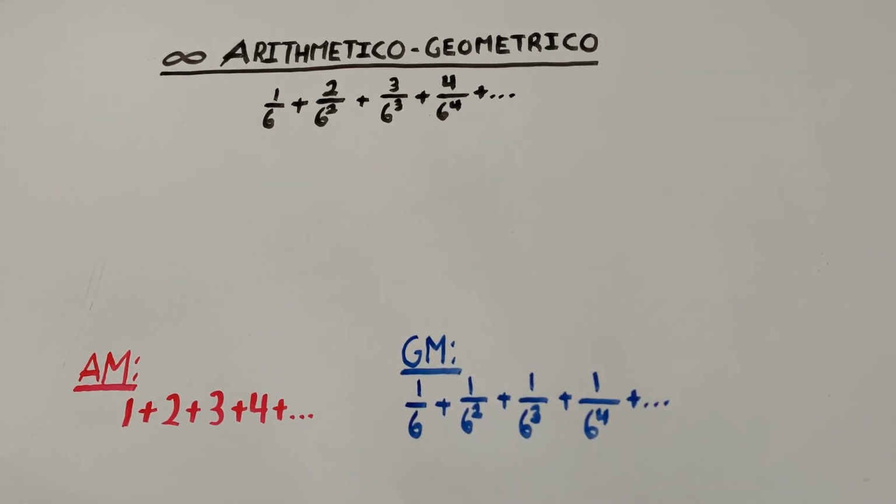And we see that the arithmetico-geometrico series is the result of taking each term in the arithmetic series and pairing it up with a term in the geometric series.